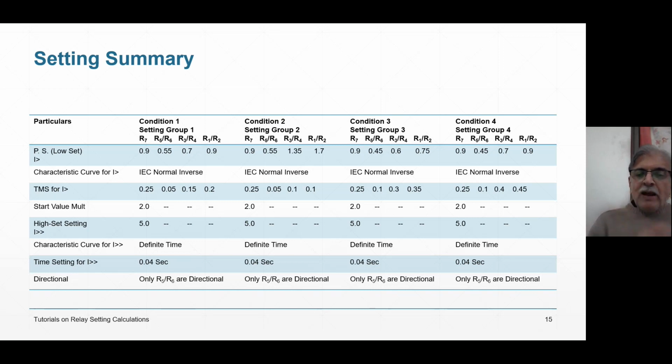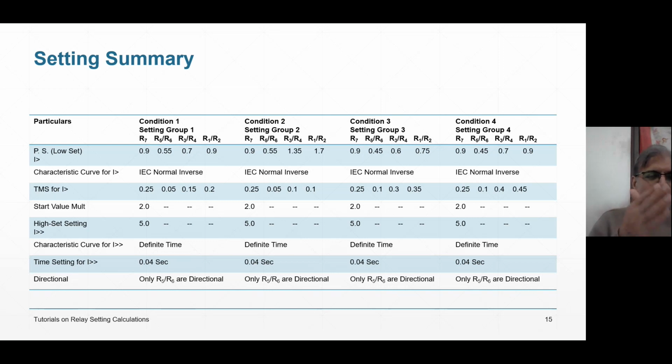Directional, only R5, R6 are directional in all the 4 cases, in group condition 1, condition 2, condition 3, condition 4. Other relays are bidirectional or non-directional, right? And that facility is there in the relay. You can make the relay directional or non-directional. It is not only plug setting and time multiplier setting and only I set setting.